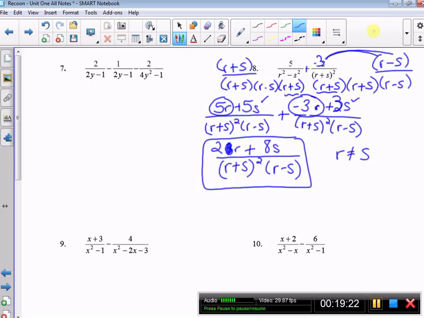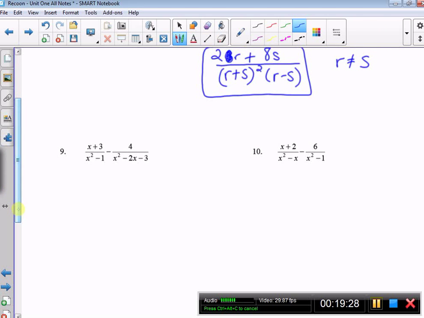All right, let's do number 9. Okay, last one. So x minus 1 and x plus 1 for those factors. And I'm looking for 2 that multiply to negative 3 and add to negative 2. So let's see, that would be 3 and 1.